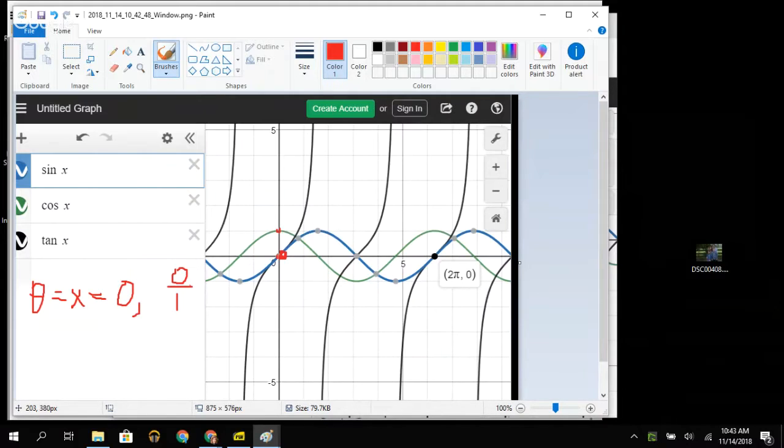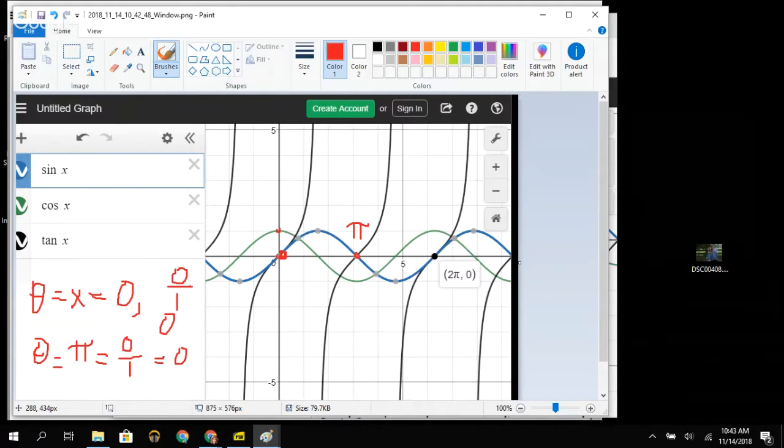So when theta equals 0, the tangent is 0, right? We're good with that. When theta equals pi, the sine, which is our blue one, is 0 and the cosine is 1. So the tangent is 0 again, right there.